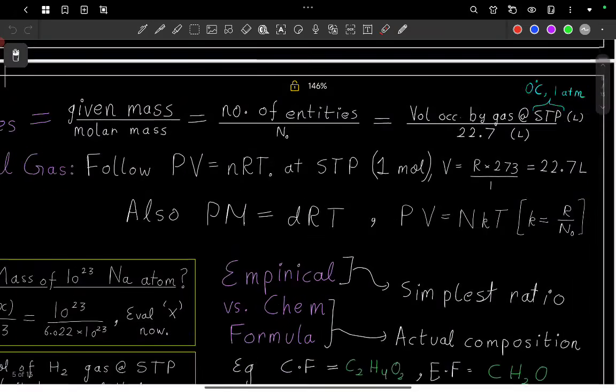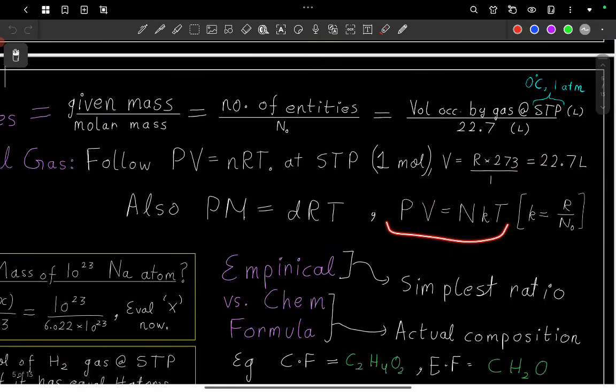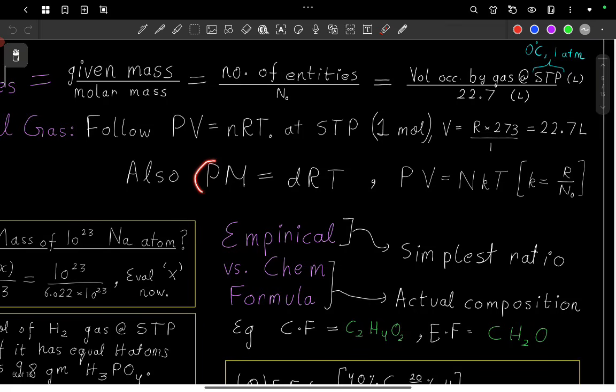And these are some alternate forms of the ideal gas equation. This is pressure into volume is equal to number of moles into ideal gas constant into temperature. This is pressure into molar mass of the gas equal to density of the gas into ideal gas constant into temperature, and this is pressure into volume is equal to the absolute number of molecules of the gas.